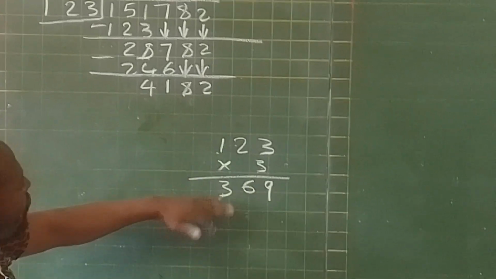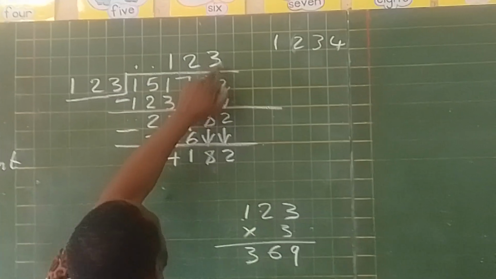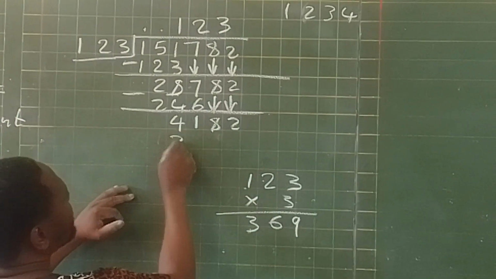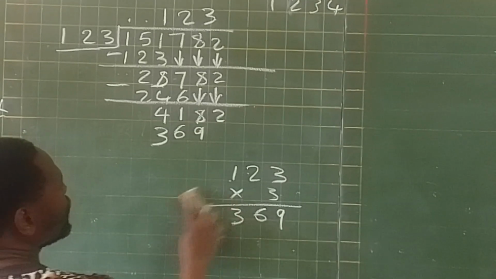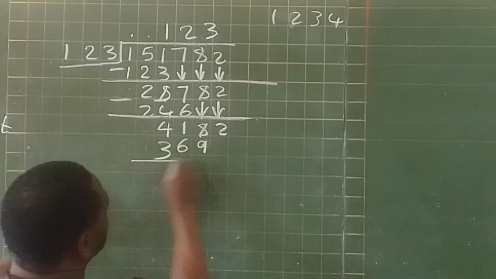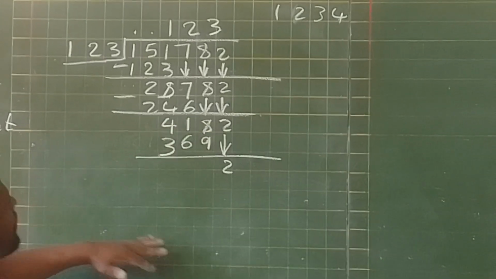So it cannot be 4. It's 3 times. 3 times 123 is 369. We did not use 2. We bring 2 down.